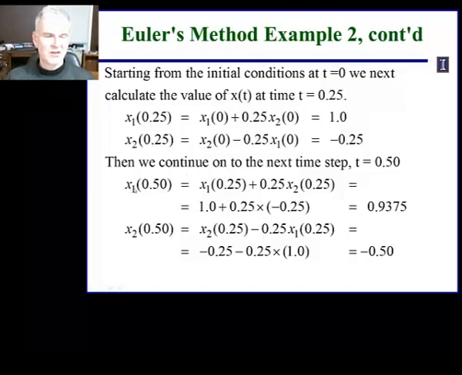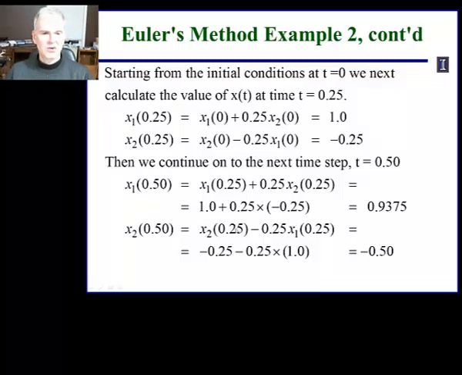Now we've got x1 at the second time step, 0.5 seconds, equal to the value at the first time step, plus our delta t times x2 evaluated at 0.25, which we get right from here, so it's minus 0.25. That gives us that now our position has changed to 0.9375, so we're starting to move up, and we've got a new value for x2.